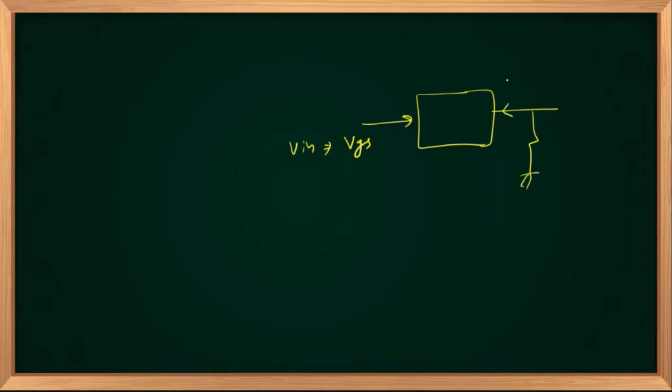My amplifier, all amplifiers will convert what? Input voltage, Vin or VGS, into an output current, ID or IC. And if you are passing that current through a large resistor, I will have a V out. Right?